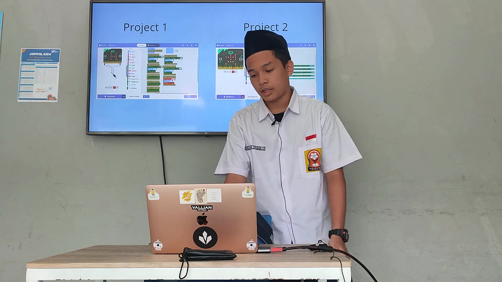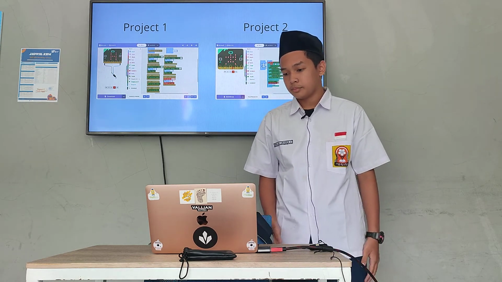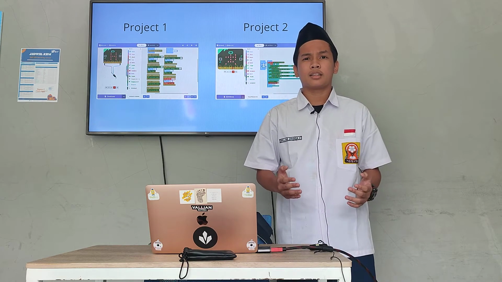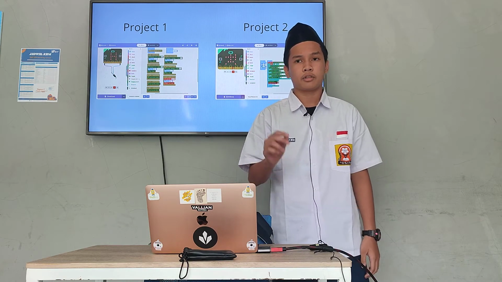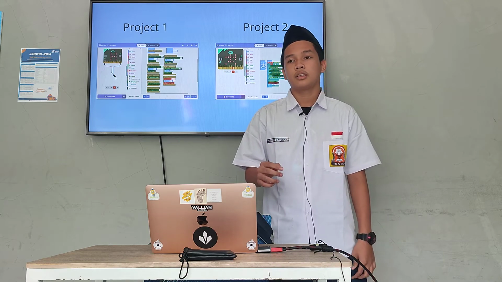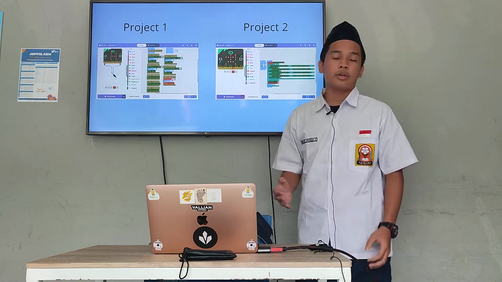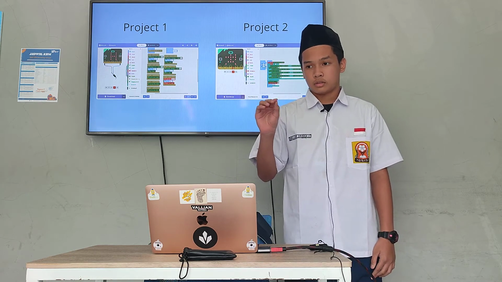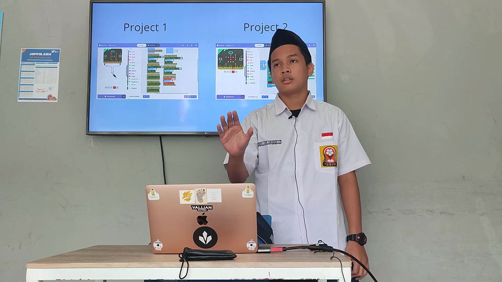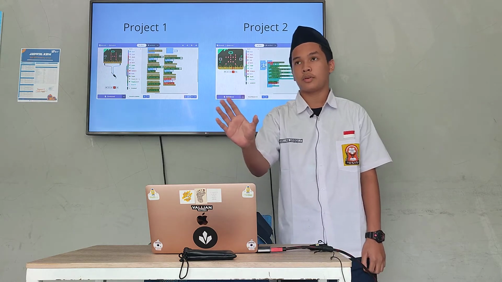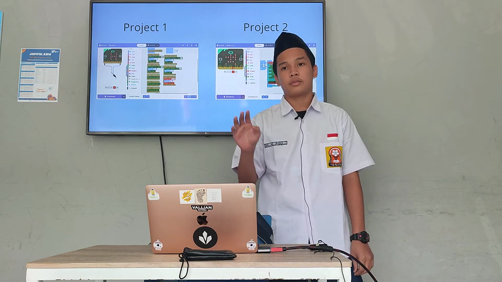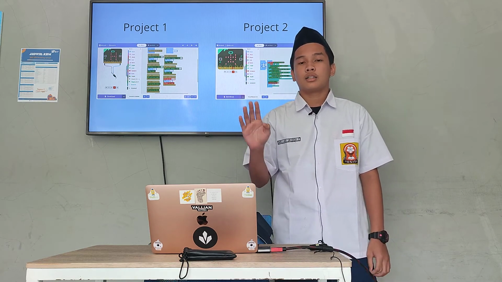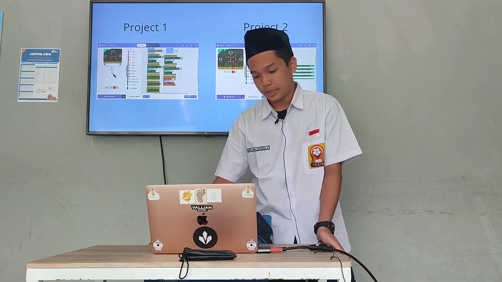So the second project on IoT is about the Firefighter Robot. The Firefighter Robot is a robot that follows the black line that I draw, and if it finds the fire, it will go to the fire and spin the small fan, and after it spins the small fan, it will put out the fire.